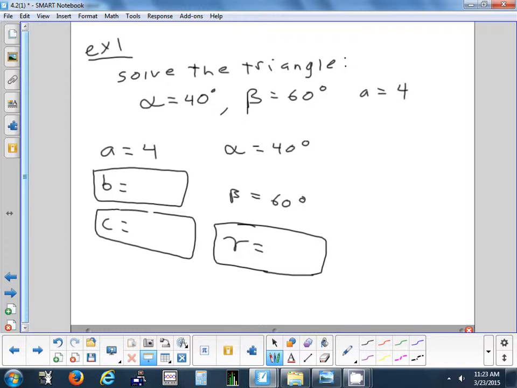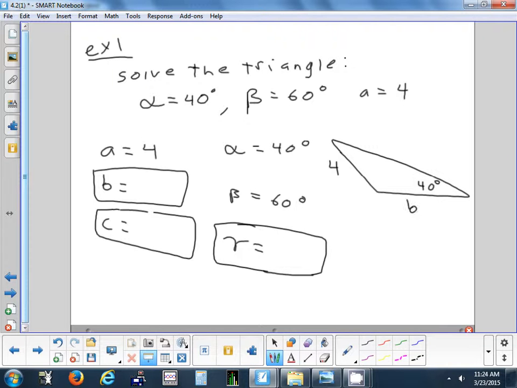Right, so in my table, I put A, B, and C in one column. Put alpha, beta, and gamma in another column. And let's make a diagram. So I'll put A across from alpha.